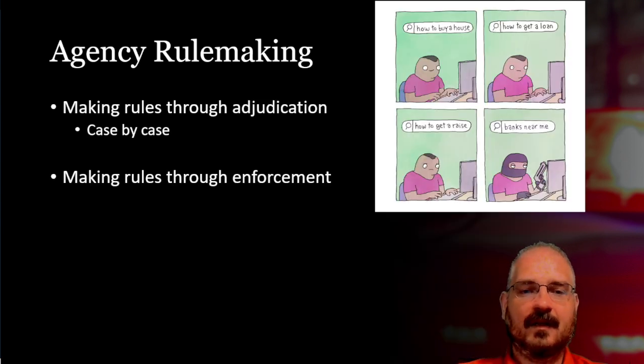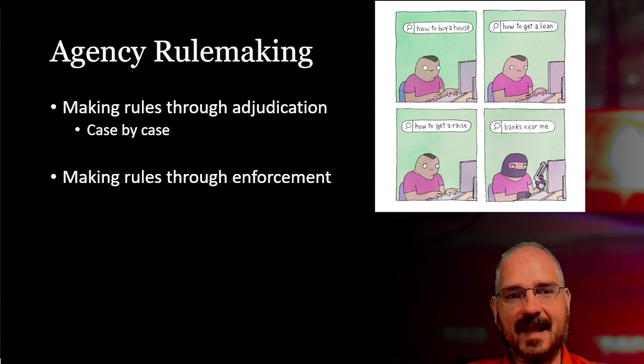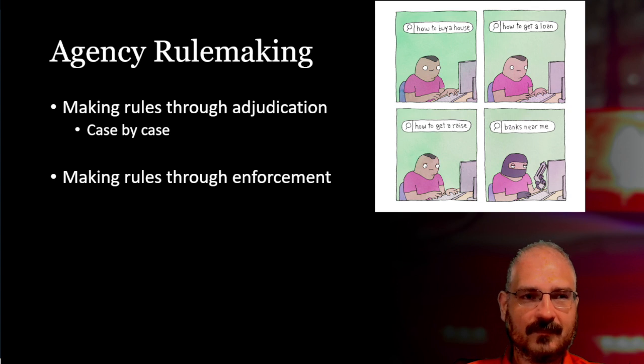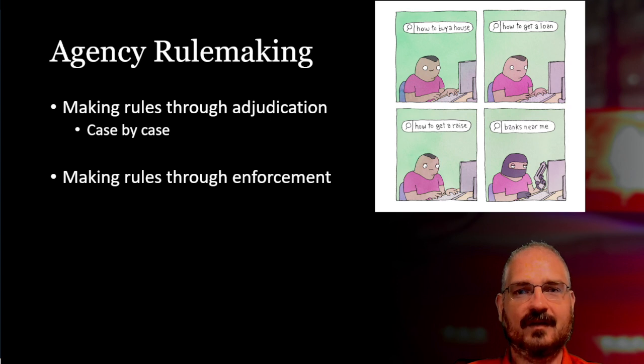All right. Two other ways that agencies make rules. They can make rules through adjudication, i.e. on a case-by-case basis, right? So the EPA might come through and say, we're going to investigate whether this certain organization has violated the vague rule about pollution.